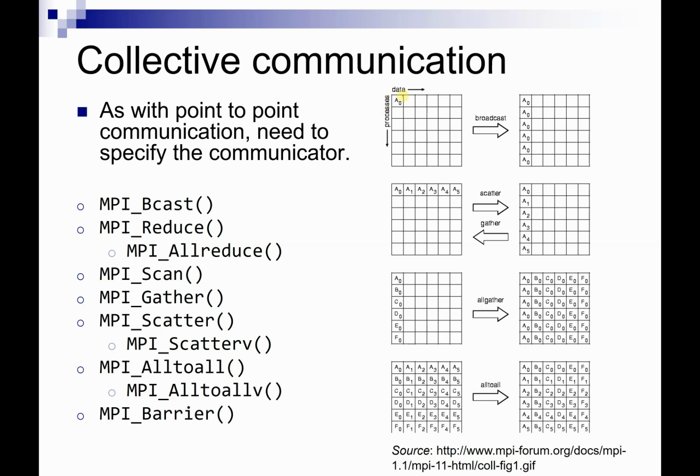The rows represent different processes, and the columns represent data from different processes. The way to think about a broadcast operation is that suppose one process, let's say the first process, has a piece of data. Then if you do a broadcast, the result is that all of the other processes will have that same piece of data. Now that's the broadcast.